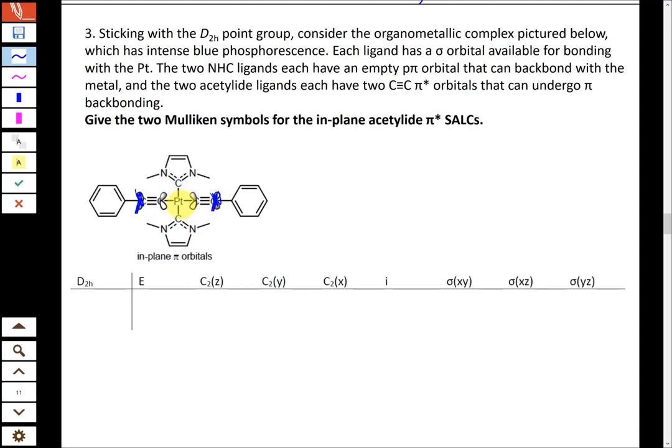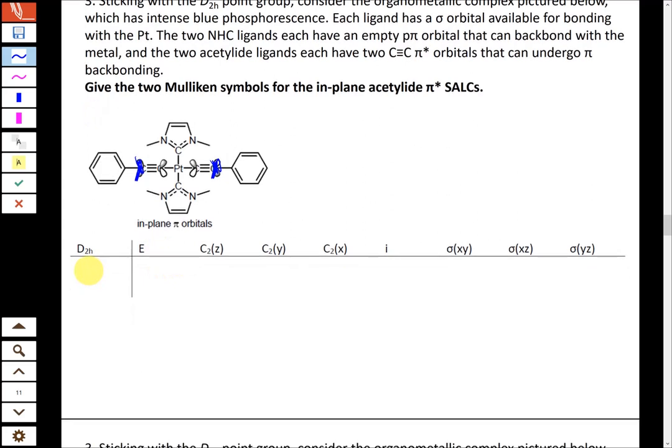Now, the only difference with pi orbitals is that in some of the operations, we might get negative characters, as we'll see. So if we apply the operations and get the characters, we have two in-plane pi orbitals for the acetylide. Each of these SALC subsets that we're considering just has two basis orbitals. For C2z, it rotates them both onto each other.